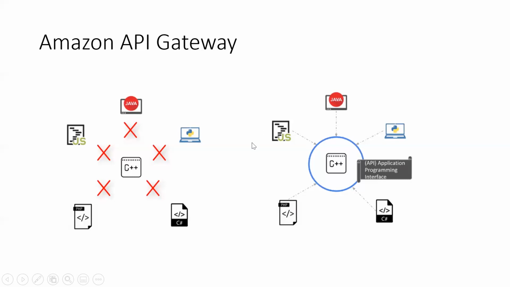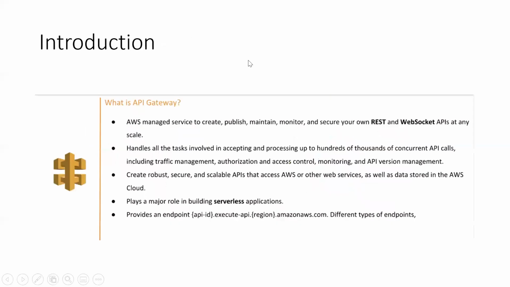Similarly, Amazon also provides a facility where you can create APIs, and with the help of that API you can utilize other services. Mostly we have two kinds of APIs, REST and SOAP.